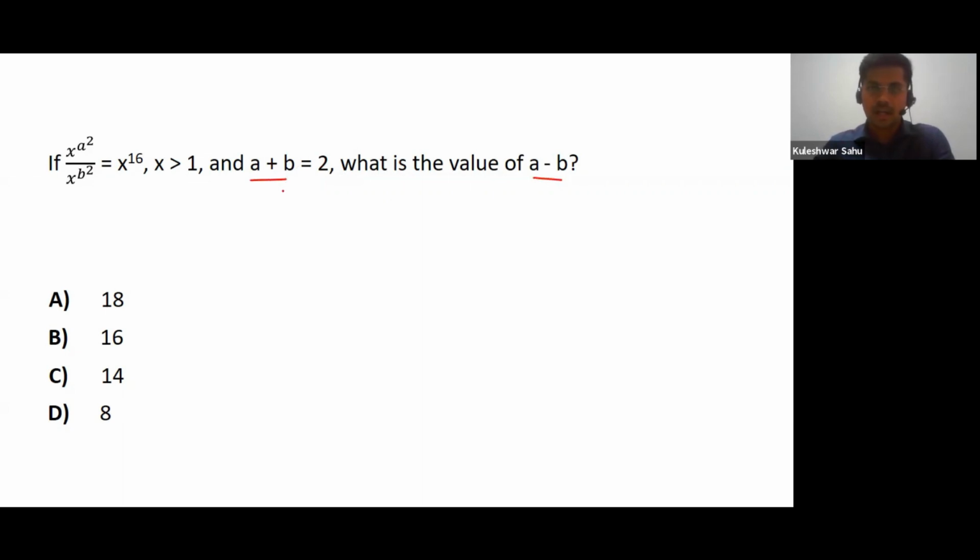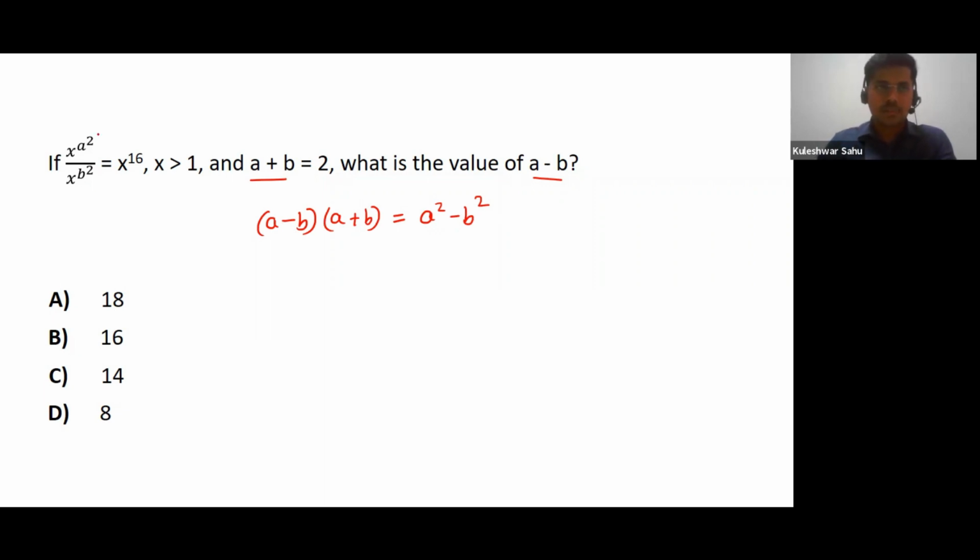Now, according to the formula that we have seen in the previous slide, what is the relation between a plus b and a minus b? A minus b into a plus b is going to be equal to a square minus b square. So if somehow we can find a square minus b square, and we already have a plus b given, we can easily find a minus b.